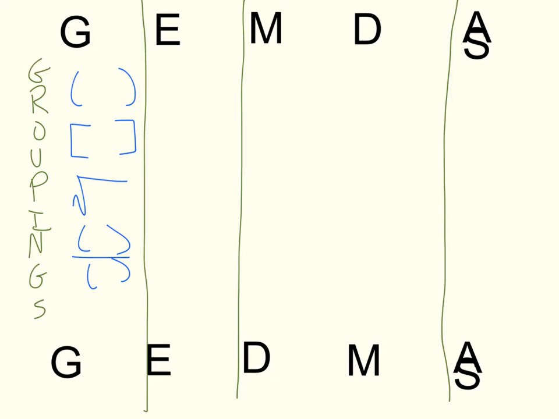Our next letter, now just a reminder, if I'm moving too fast, you need to pause the video so you can catch up. Our next is exponents. Exponents, we've already learned about this.